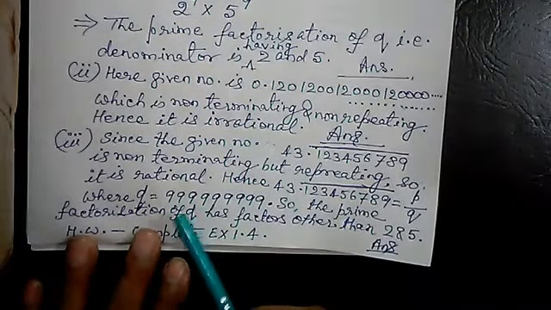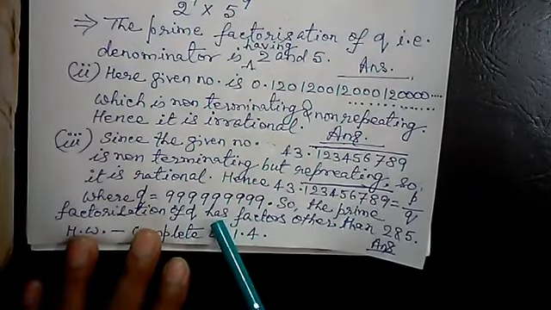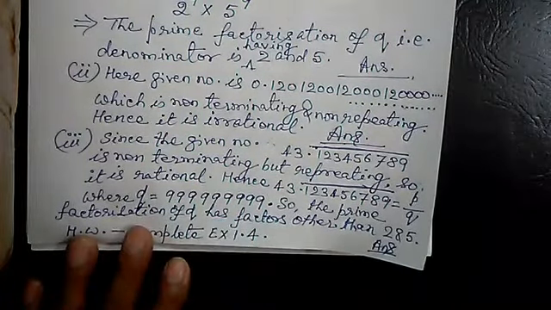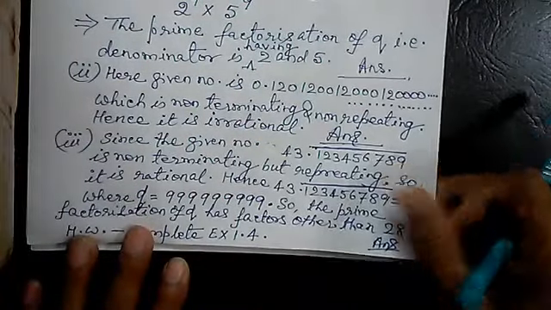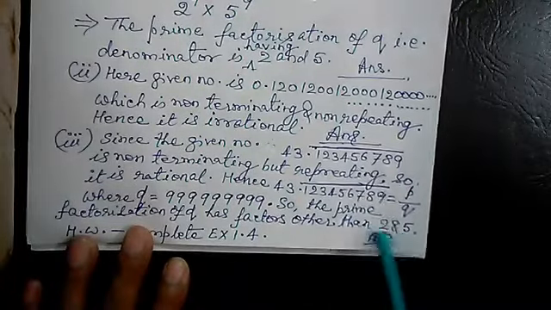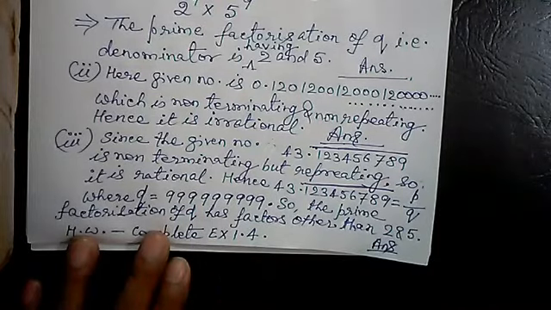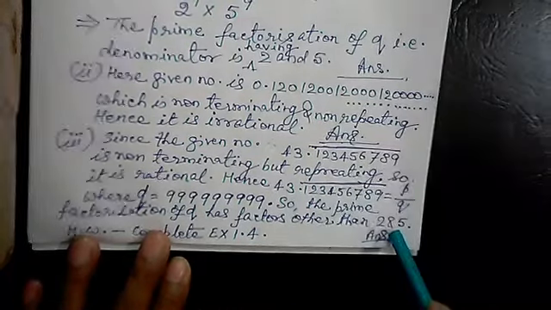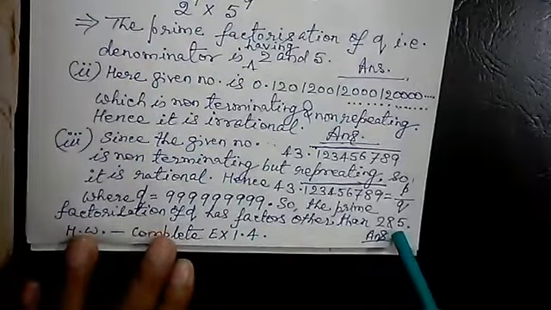When you factorize this number of nine 9s, it will contain other different prime factors. In the first sum of the third we said already that the prime factorization is 2 and 5, but here it is not 2 and 5, it is a different prime factorization. So this is the answer. You have to just write this much, that q has factors other than 2 and 5.